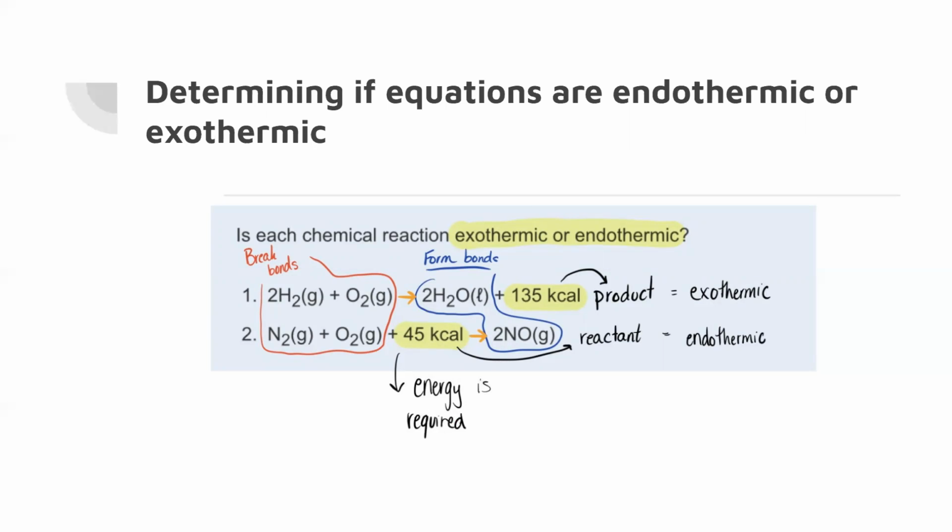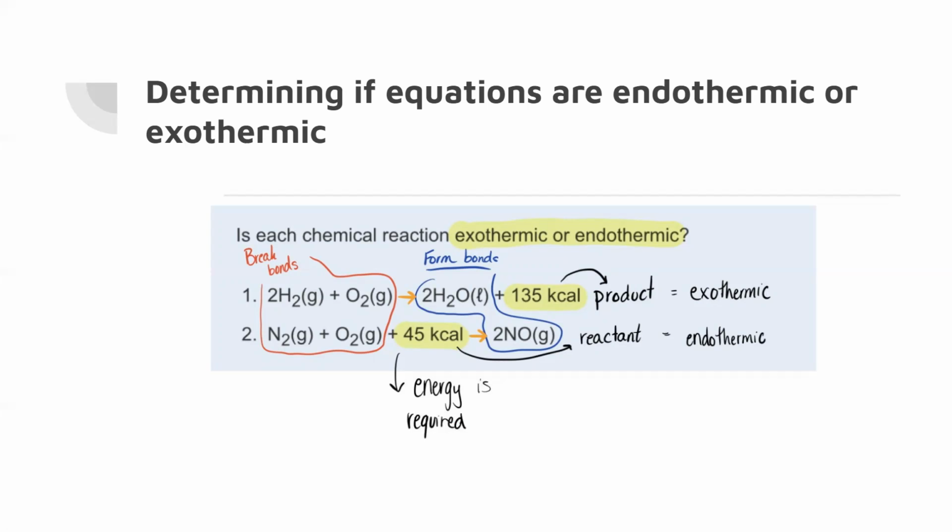These are both gases, and it is being converted into 2H2O, which is a liquid, and you're also adding in the 135 kcals. The 135 kcals is the product, so that's what's being released through the chemical reaction. Because it is a product, it is exothermic.